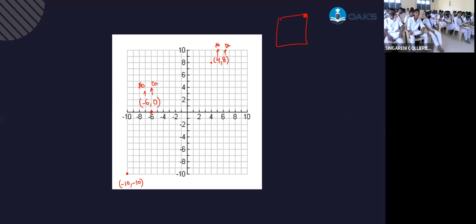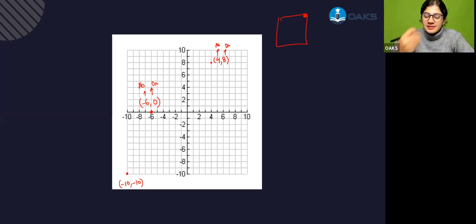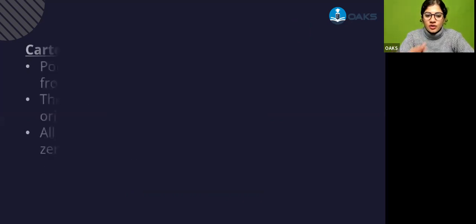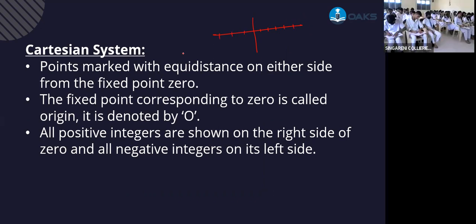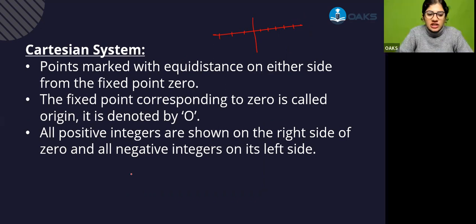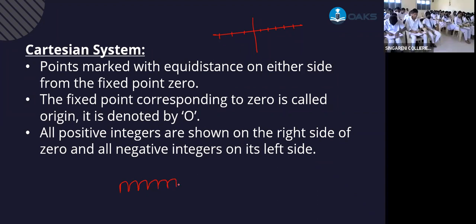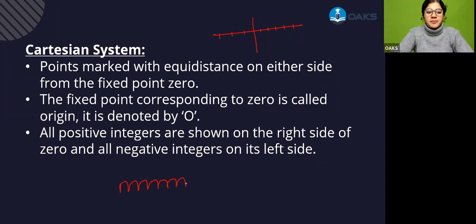Okay, let's move on to some next examples and some next results. So we have these results. Kindly read it with me. Points marked with equal distance on either side from the fixed point 0. So we all know that the coordinate system is designed like this. We have equal points, like your chairs are arranged, every chair touching the other chair. So they are equidistant from every point.